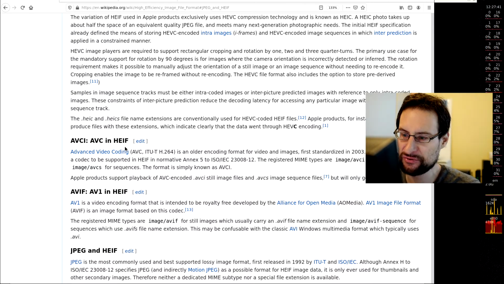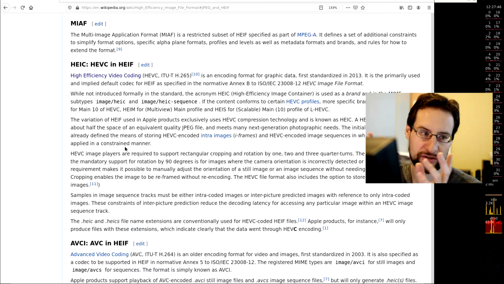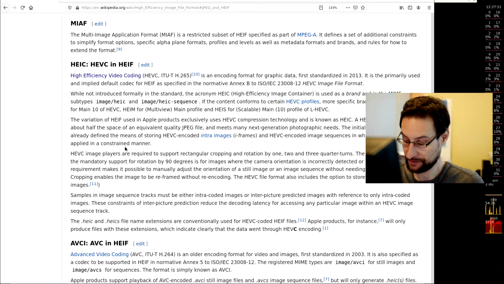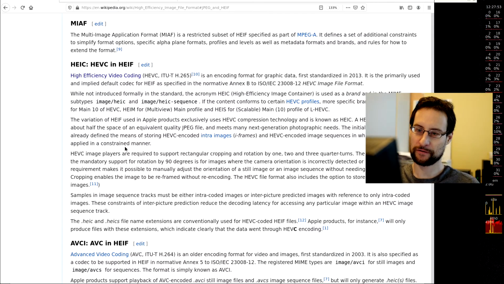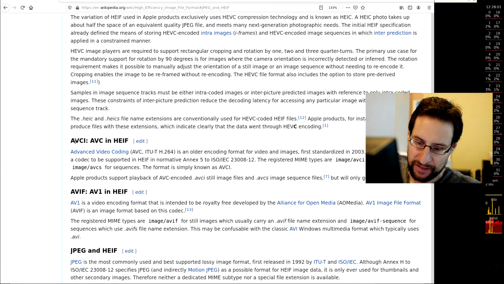Apple is already using this, and some Android phones are using this also. What they are using is the keyframe compression of these highly efficient codecs of H265 and similar codecs like AV1.